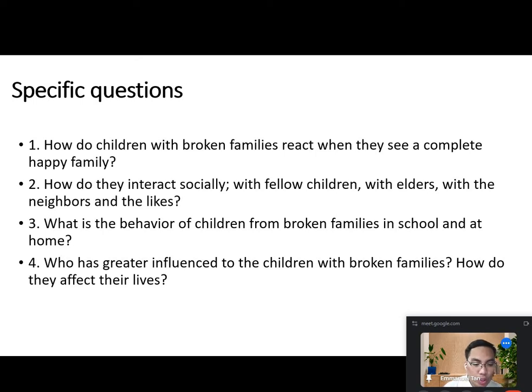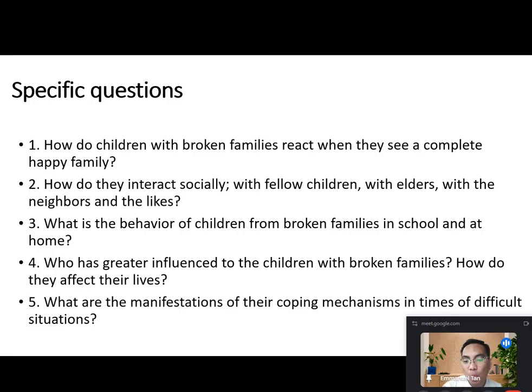Paano sila na-affect? Okay? So, medyo malalim na siya. Yung idea na, from internal to external. Kasi may influence siya. So, ano naman ang effect nito sa buhay nila? Hindi lang yung reaction niya, hindi lang yung feelings niya, pero sa buhay niya as a whole.